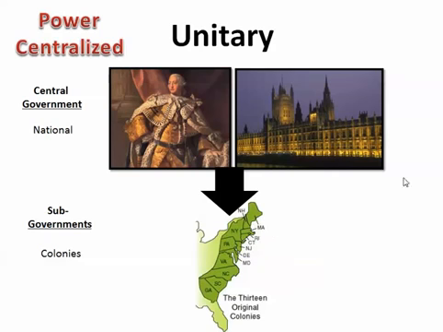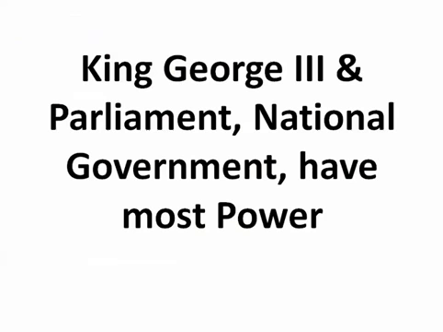So the power to create or to destroy comes from here, the central government, the national government. So that's the locus of sovereignty. And it flows down, and they have the power to create or destroy the colonies, the sub-governments. Alright. So King George III and Parliament, the national government, under a unitary system, had the most power.